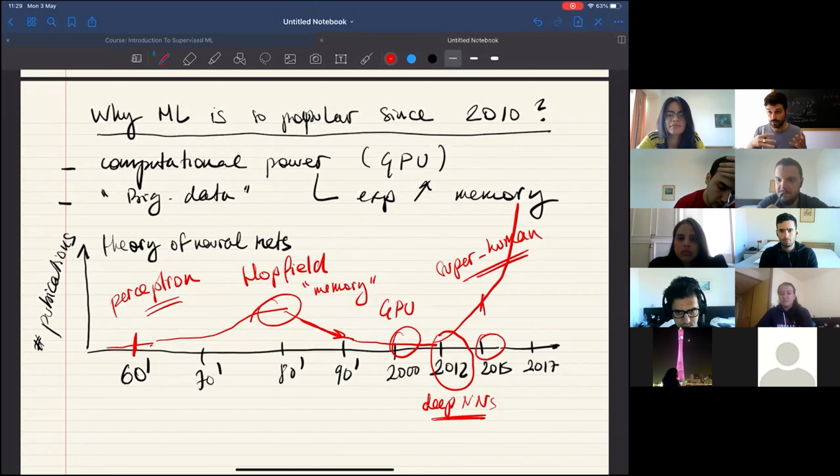And these algorithms at this time made fewer errors than humans. Okay. And since then, of course, there are many tasks where these algorithms became more efficient than us.